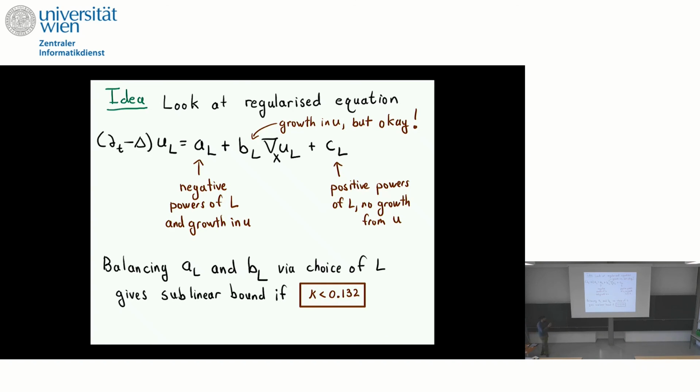And then you see the bound that you get after doing this, and you require it to be sublinear in U. And it's in this part of the analysis that you really run into this restriction on kappa.